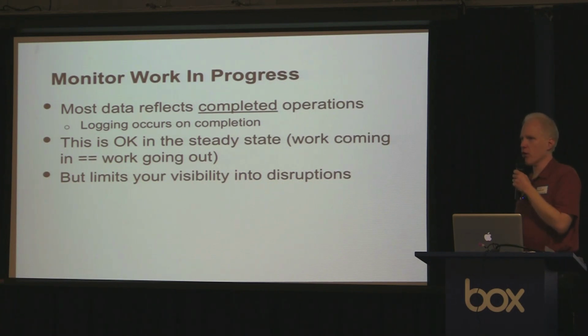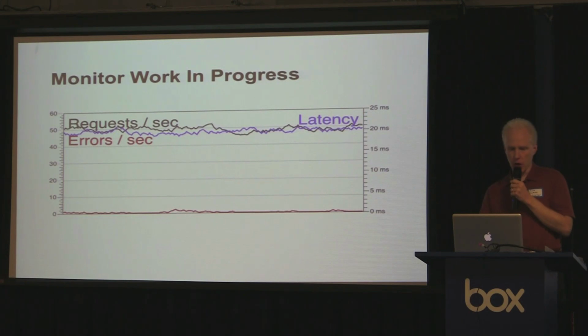But often when things are going wrong, you're not in a steady state. Things may be piling up or getting dropped on the floor, and suddenly your completion logging is not really telling you the whole story of what's going on. I've had this bite me a number of times in my career. I've had plenty of cases where I get anecdotal reports, maybe from users, maybe from coworkers, that the site is locking up.